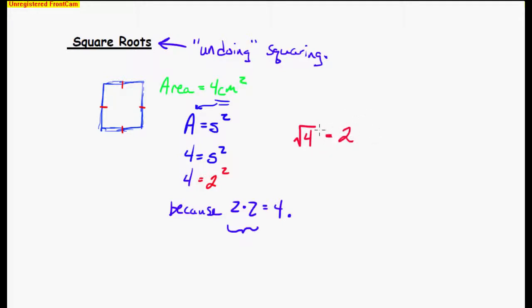Now, one thing I got to point out before we go too far is notice I took the square root, and that means the radical symbol. I'm going to label that. This is the radical symbol, or the square root symbol. When I actually square root something, that radical symbol went away because you actually did it.